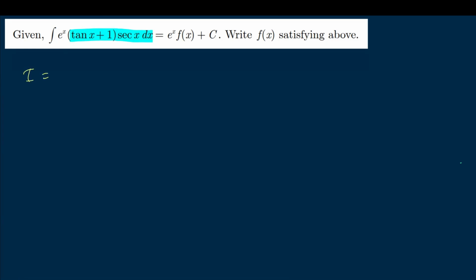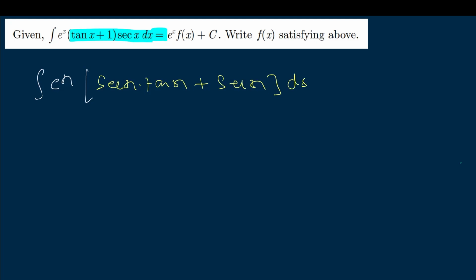We don't need to write I is equal to, as there is already an equal to sign over here, so we can straight away solve this. This is e raised to the power x outside. Inside, I'm multiplying secant with tan, so this is secant x dot tan x, and 1 multiplied by secant x is secant x dx, and we must write down the RHS over here, e raised to the power x f(x) plus c.